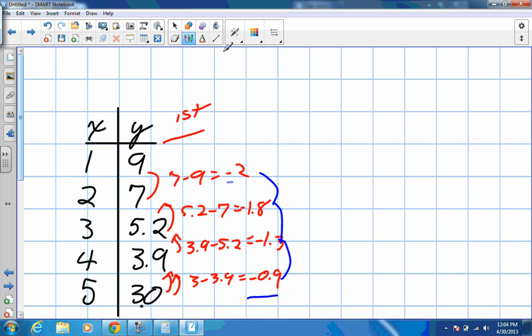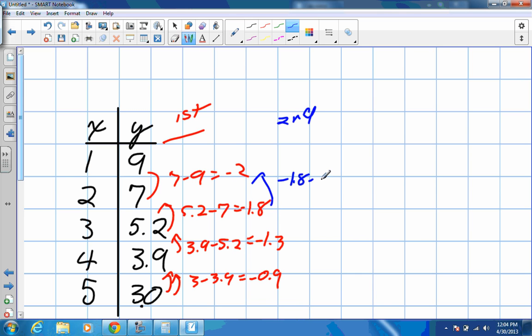We'll try our second differences, which we did before. Negative 1.8 subtract negative 2 is the same as positive 0.2. Negative 1.3 subtract negative 1.8 is positive 0.5.